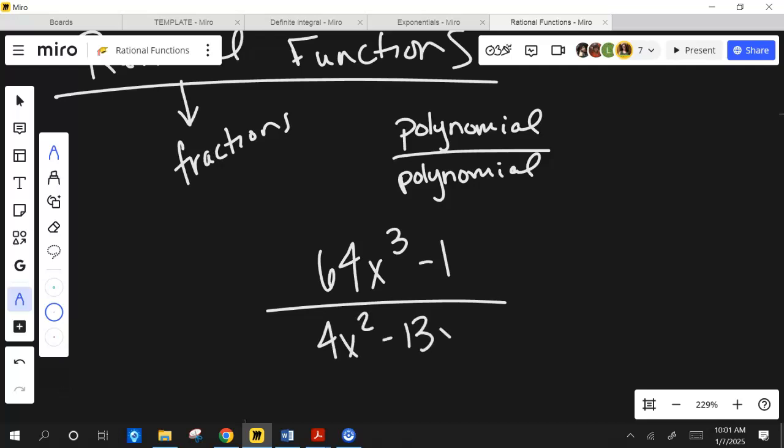Now remember, this is what a rational expression looks like, or a rational function. Now, we're not solving anything, because there's no equal sign, right?